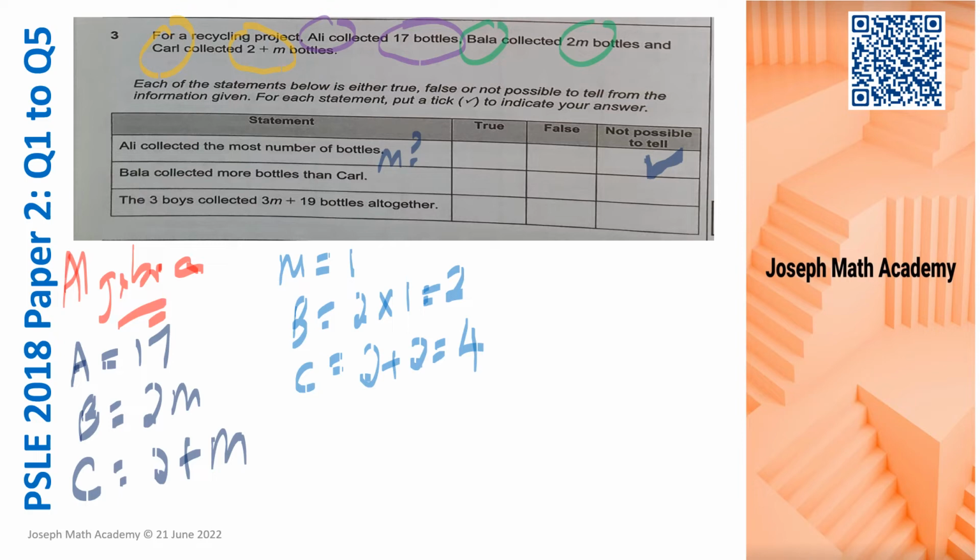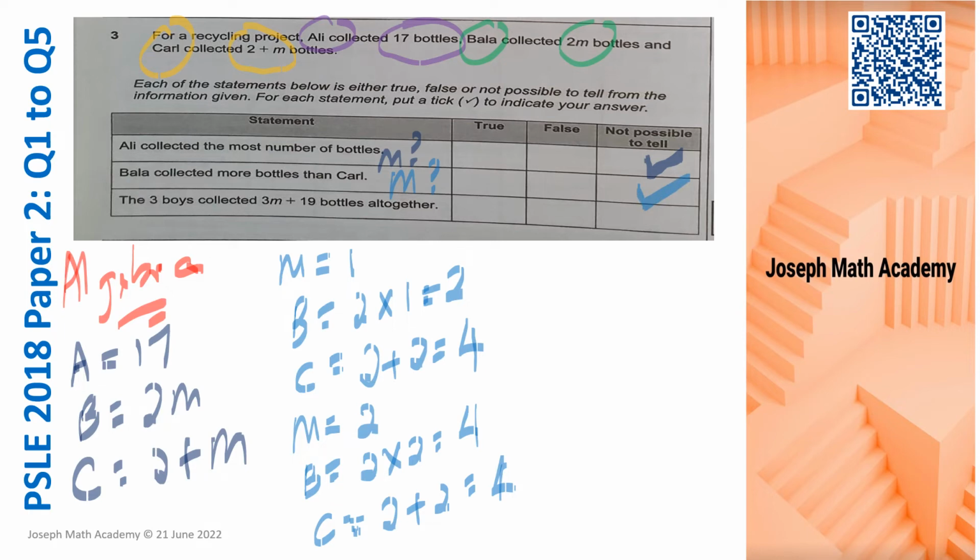So when M equals 1, Bala actually collected fewer. Now if M is equal to 2, Bala collected 2 times 2 equals 4, and Carl collected 2 plus 2 equals 4. The same. So actually, it's really lack of information again, because we need to know what is M. So it's not possible to tell for statement number 2.